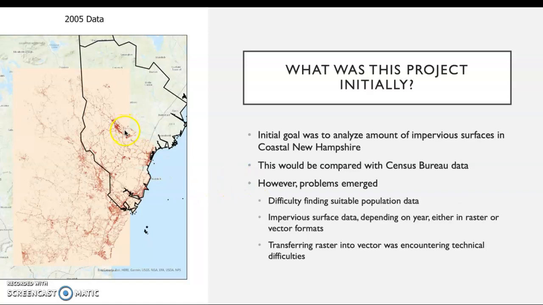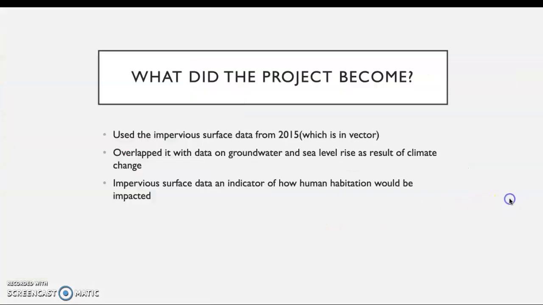And as you can see here on the left, this is what the raster format looked like after downloading, and it came with this just ugly border, and I just didn't like it. And so I tried to transfer the raster into vector, but I found technical difficulties, so I ended up scrapping the project and drastically changing what I ended up doing.